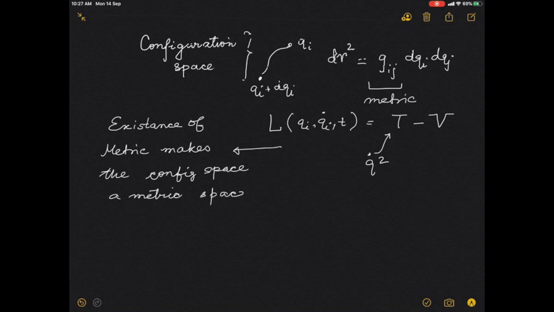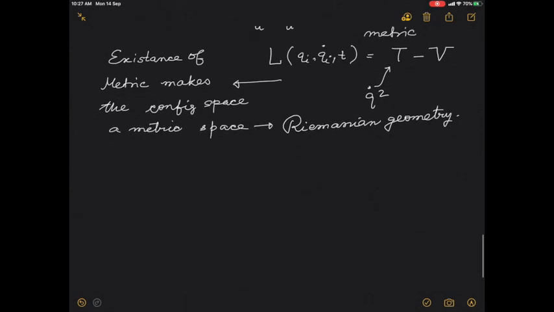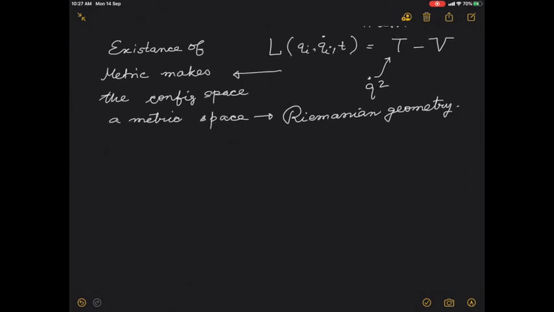So I can have a certain geometry in this space. The geometry in this case is called Riemannian geometry. I don't want to go into further discussion on Riemannian geometry here. If you are still interested, we can discuss that in the discussion session or even individually.